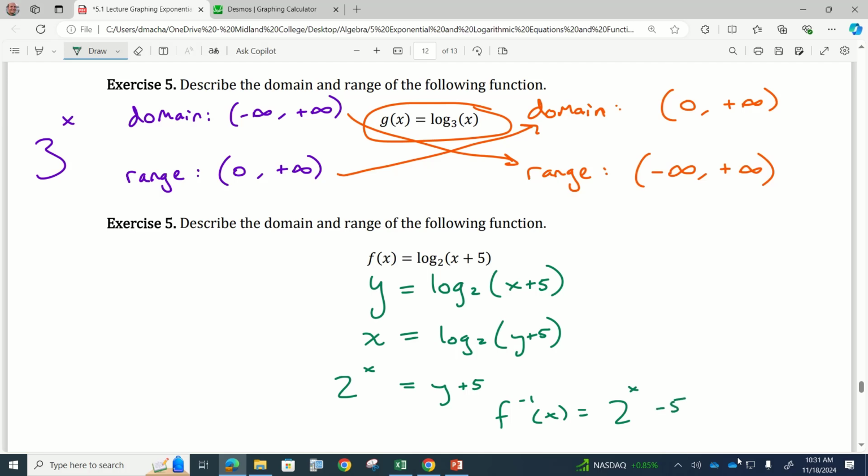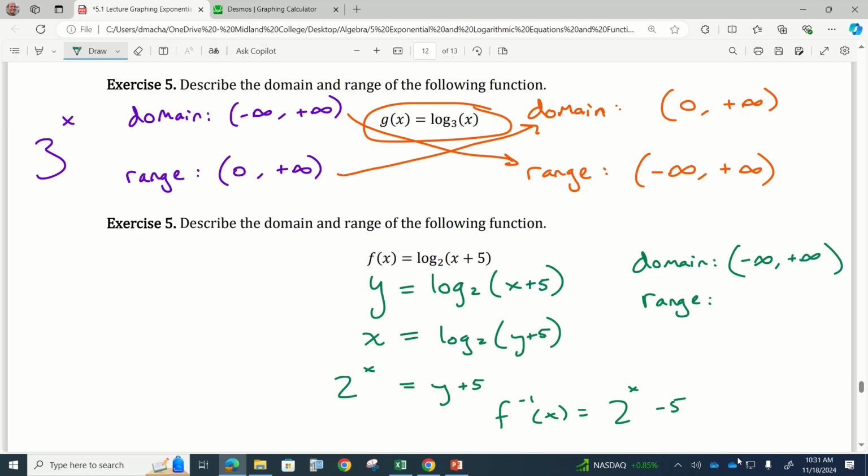So the inverse function, this f inverse, has a domain of all real numbers, because it's an exponential function. And that can accept any number in the domain.